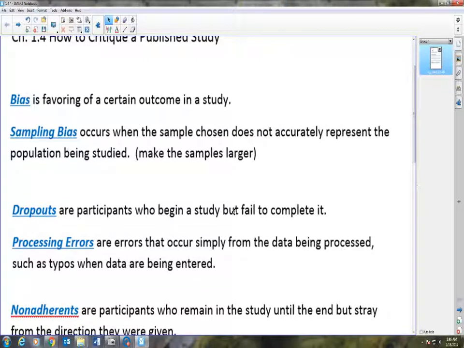Later on in the semester we'll talk about analyzing data. When we analyze data, that's where people can try to persuade you to their point of view, and that can get dangerous from time to time.